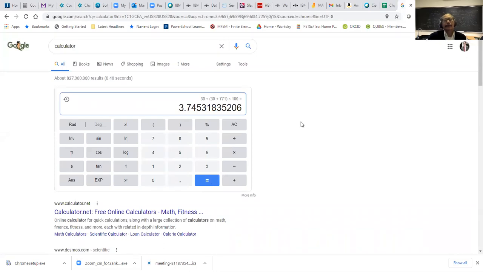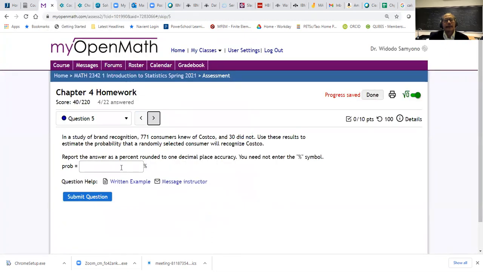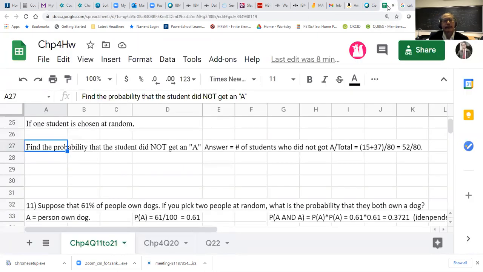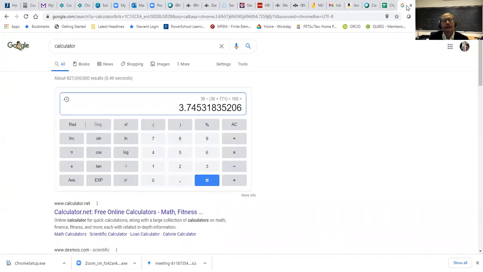So the answer is 3.745. So rounding to one decimal place, the answer will be 3.7.